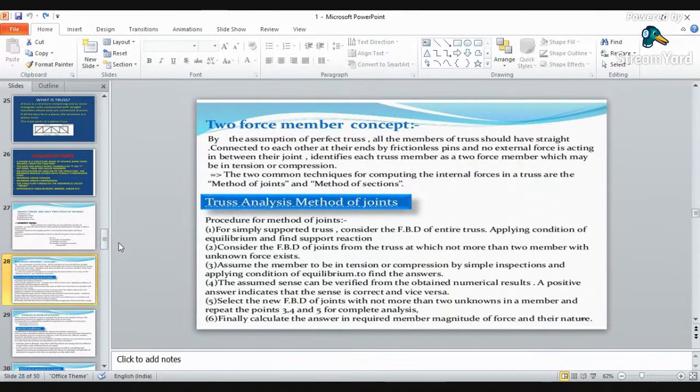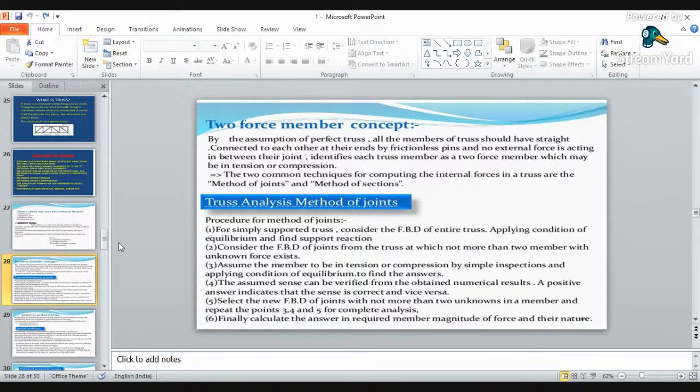In the method of joints, what we do is consider the free body diagram of the entire truss. If your truss has unknown reactions, then first we have to find the support reactions. Once you find the support reactions, then we consider the free body diagram (FBD) of a joint of the truss at which no more than two members with unknown force exist.